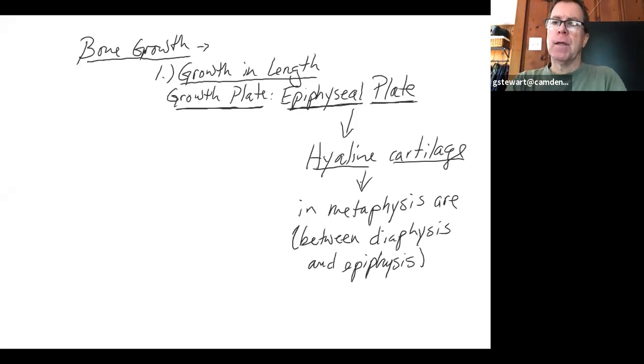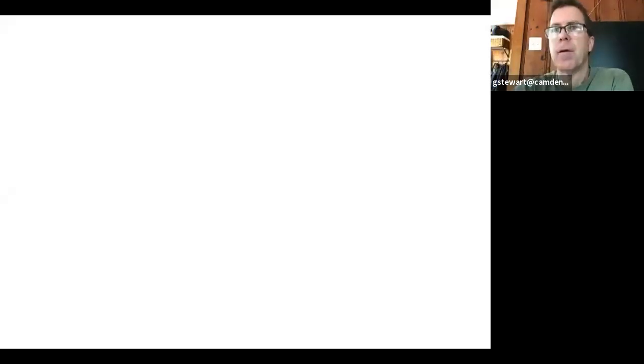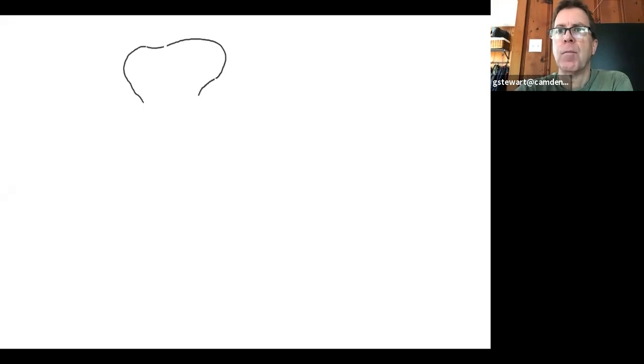Now I'm gonna erase this board and really draw out the detail of a growth plate. And I'll label all of the language and structures that I'll expect you to know for a quiz, okay? So I'm gonna go way up here and draw the epiphysis of a long bone.